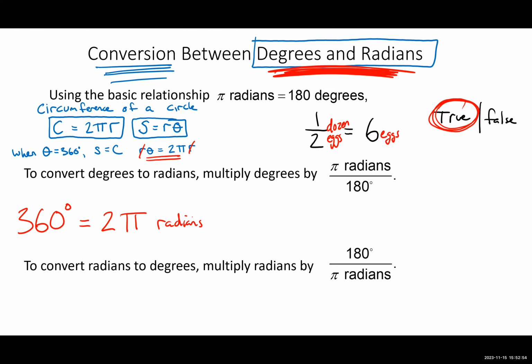That is our conversion between the two. One full circle is 360 degrees. One full circle is 2 pi radians. So 2 pi is not exactly, but it's about 6.28. So one full circle is bigger than 6, less than 7, somewhere between 6 and 7 radians.